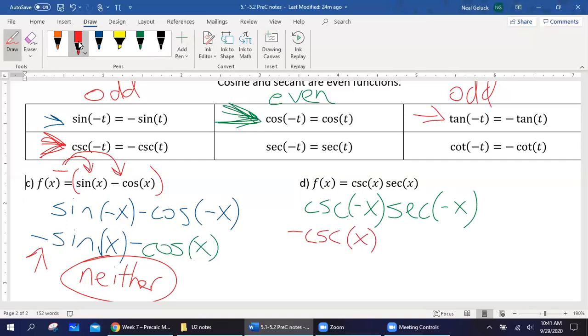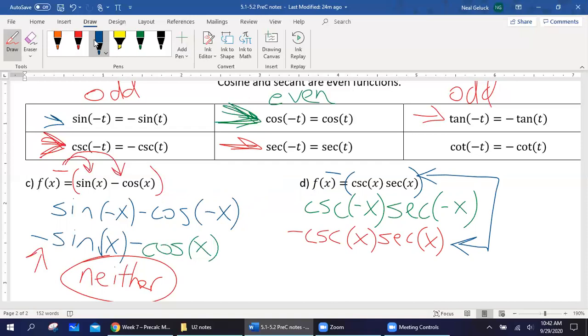Secant, however, is an even function, so the negative just disappears. This time, I didn't get the same thing, but I did get the negative of the original. If I put a negative out in front of this, it's not distributed because they're being multiplied. I do get the negative of the original function, so this is an odd function.